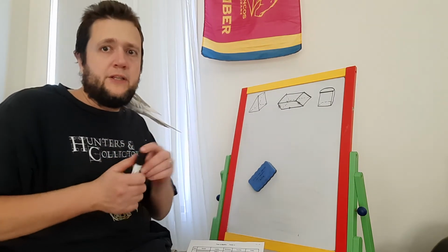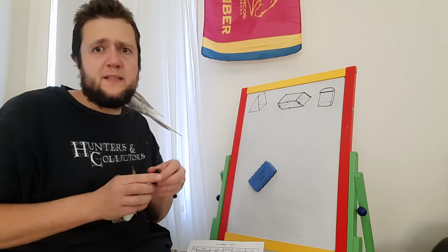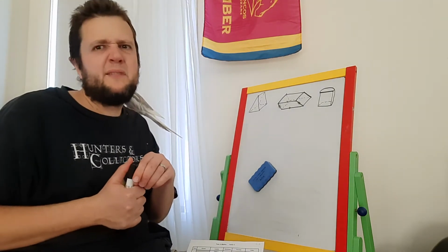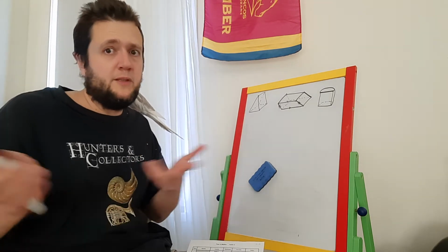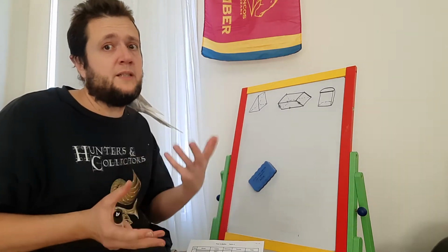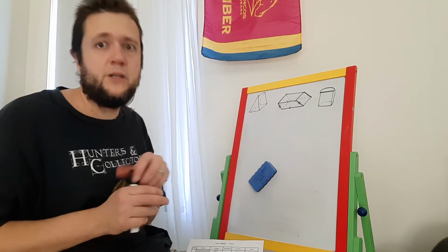Okay, now for a whole range of other three-dimensional objects, there aren't always formulas to work out the surface area. I mean, sometimes we can make up strange formulas for that purpose, but a lot of the time you need to be able to take a three-dimensional object and split it down into its individual components and work out the area of the individual components.